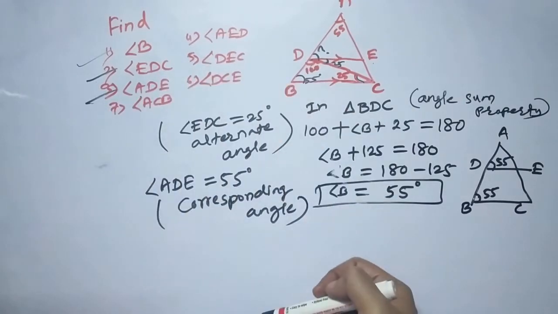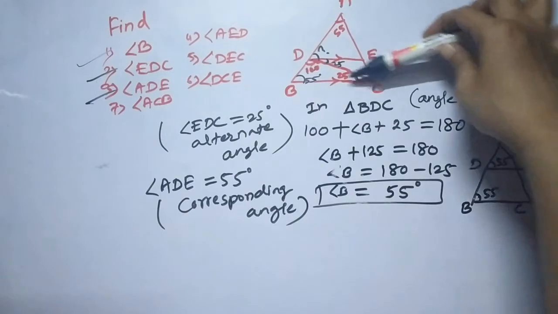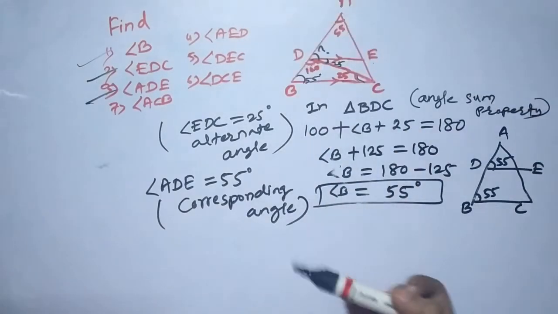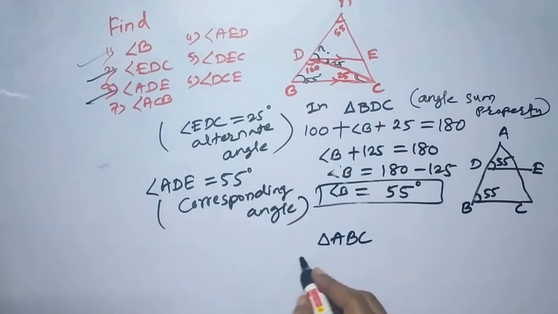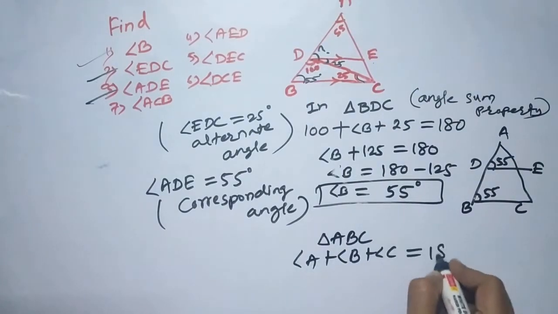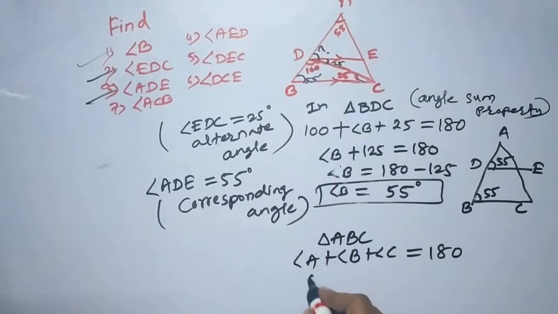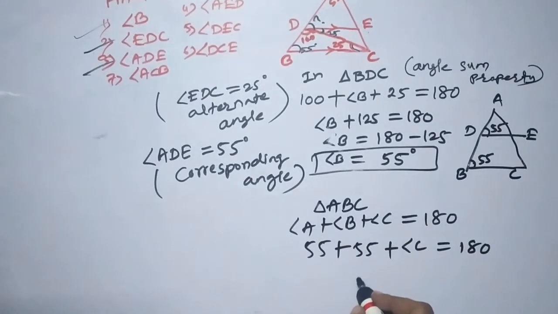Now we need to go for ACB. This is ACB, means the complete whole triangle if you want to see. So in the complete triangle ABC, again by using angle sum property, angle A plus angle B plus angle C is going to be 180. Angle A is already 55. Angle B is also 55. We need to find out angle C. So friends, just do the addition here.